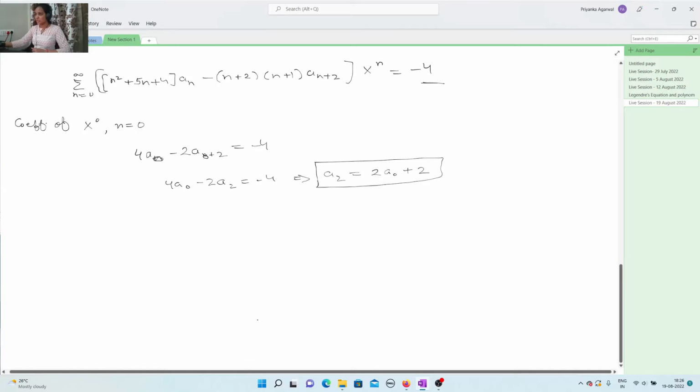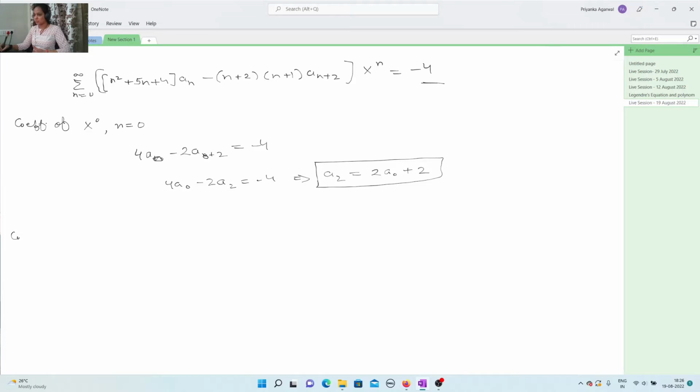And similarly, if we check the coefficient of other powers of x, those should all be 0, because here we don't have any x terms, right? Okay, so let's see what the coefficient of some x to the power k will be.